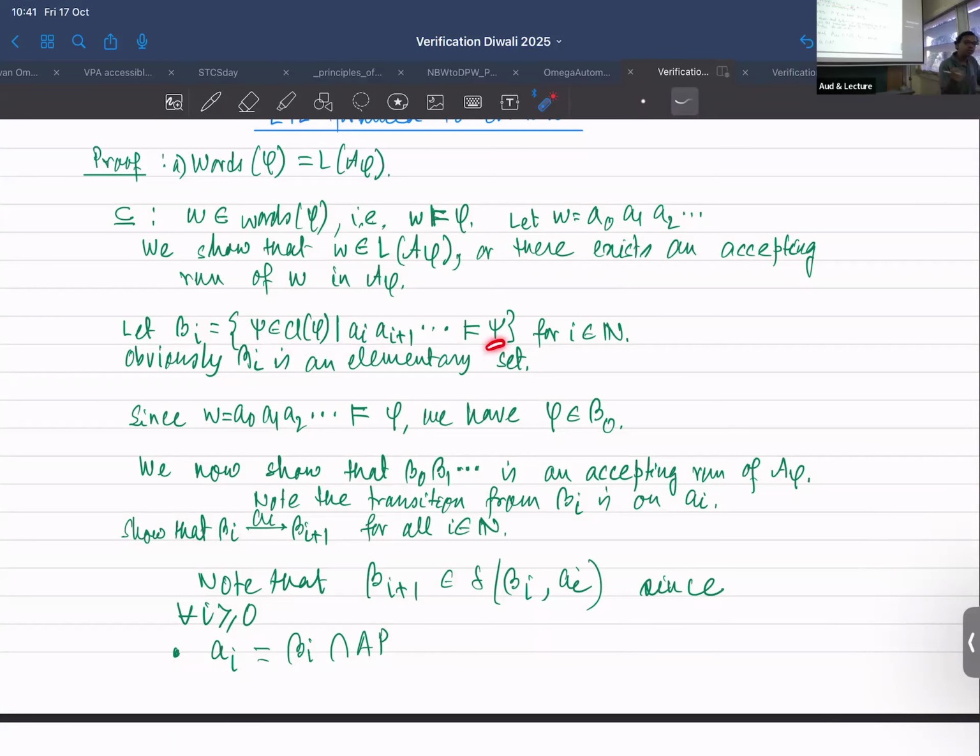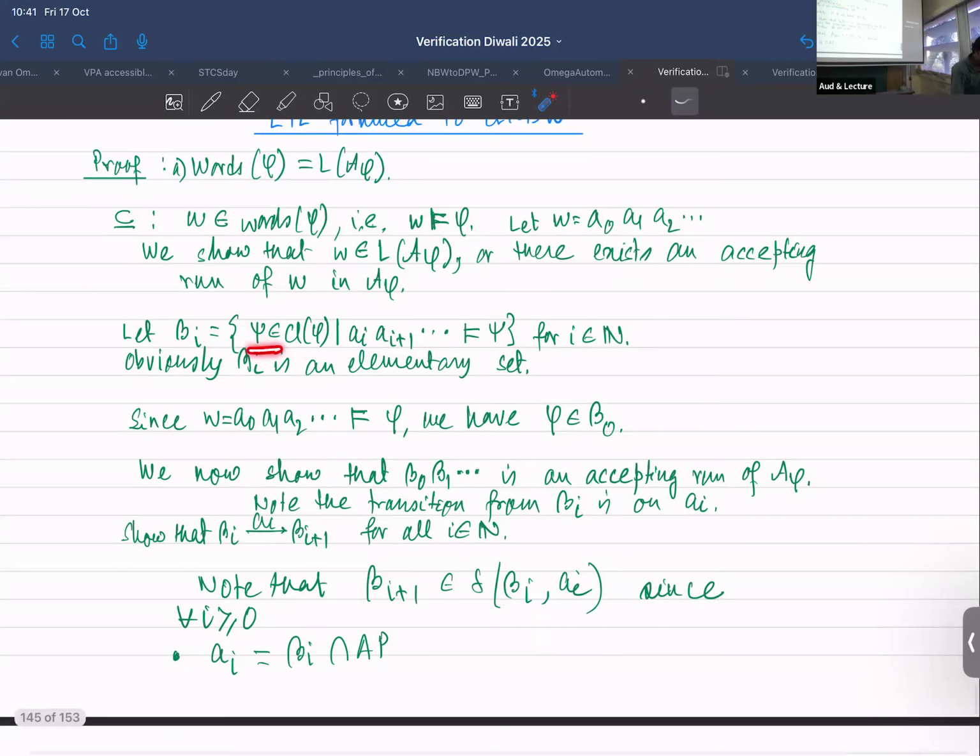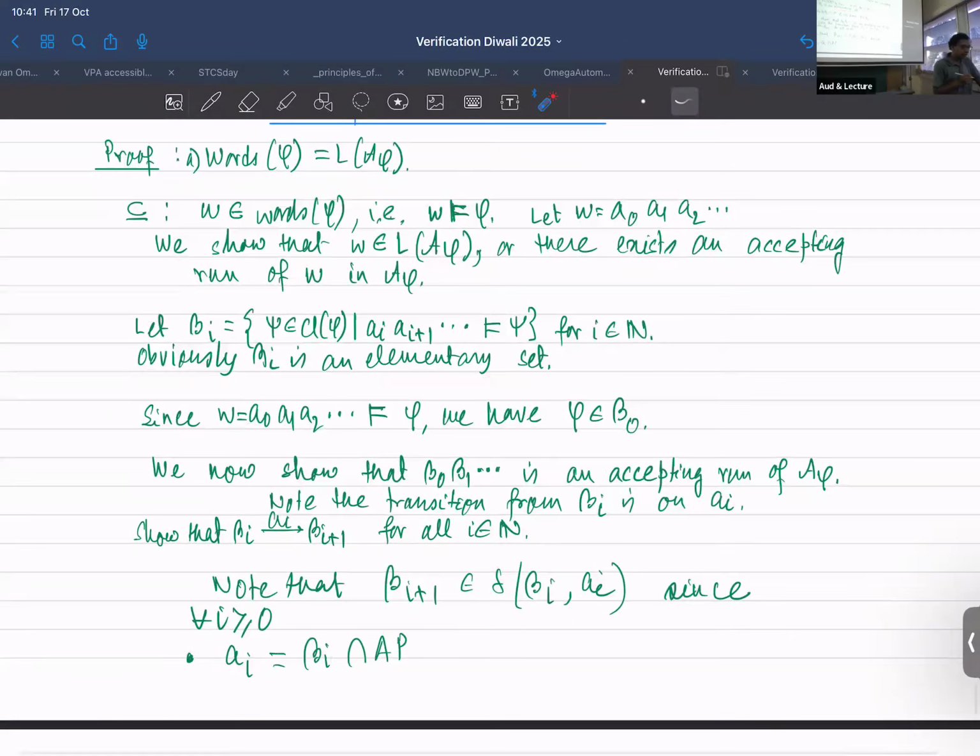Where psi is a subformula appearing in the closure of the input formula phi. You consider this set, and one can see that this is indeed an elementary set, because you will only satisfy formulas, and this set should be consistent. So it corresponds to an elementary set.